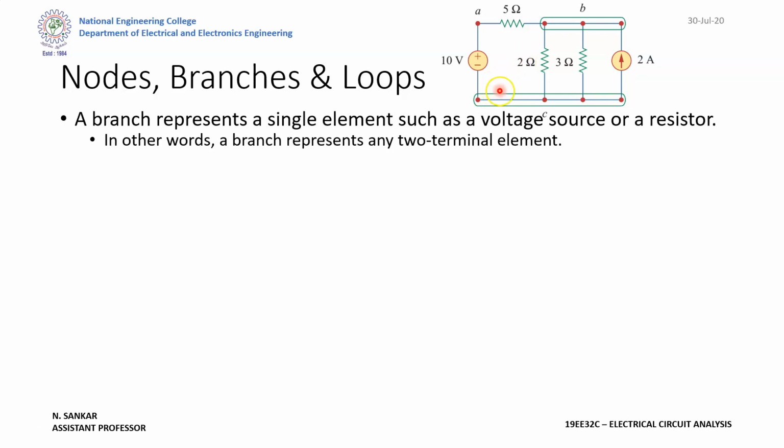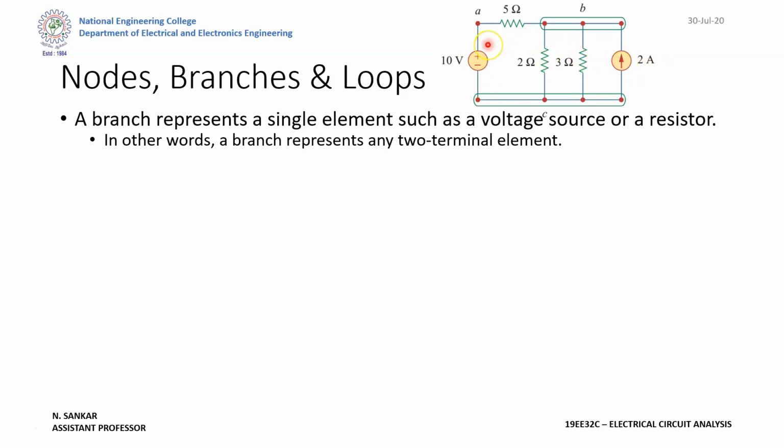A branch is nothing but any single element. If you take any circuit or any appliance, a branch is nothing but a single element. So in this circuit, take the 10 volt source, this is a single element, so this is a branch. Similarly the 5 ohm resistor, 2 ohm, 3 ohm, and the 2 ampere current source.